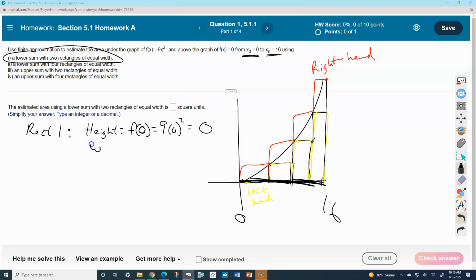And my width, or we can say delta x, is equal to 8. So my area for my first rectangle is going to be 0 times 8, which is 0. That's this guy right here.